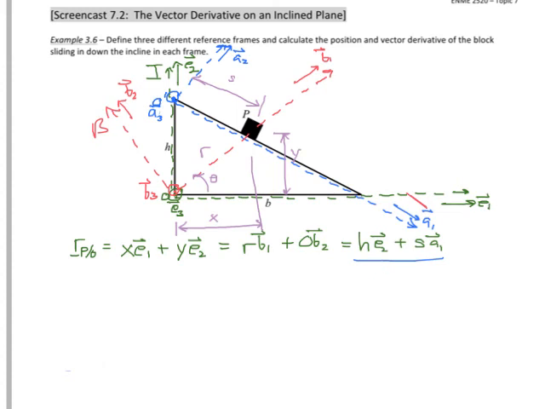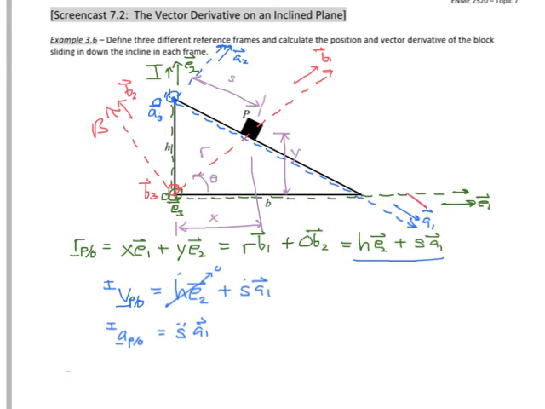When we calculate the velocity of P with respect to O in the inertial reference frame, we take the time derivative of the scalar and multiply it by the basis vector, and this gives us h dot in the E2 direction, and we add to that s dot in the A1 direction. Now, h is a dimension, so that means that h dot is equal to 0 because it doesn't change with time. And then the acceleration of P with respect to O as observed in the inertial reference frame is s double dot in the A1 direction.